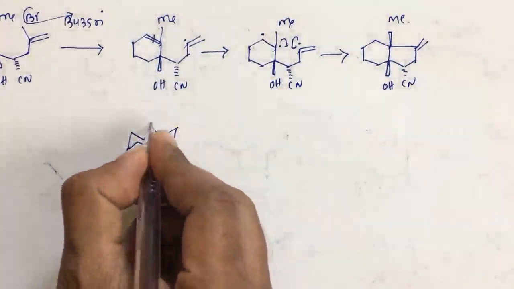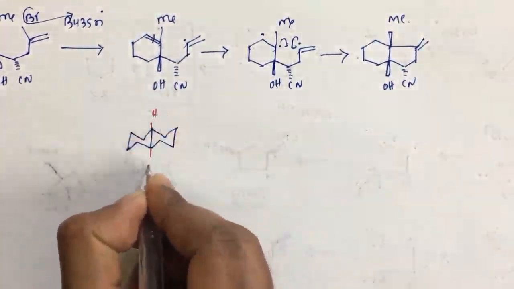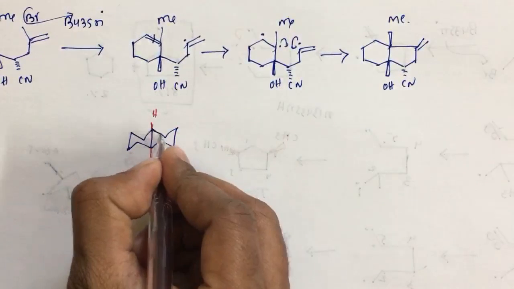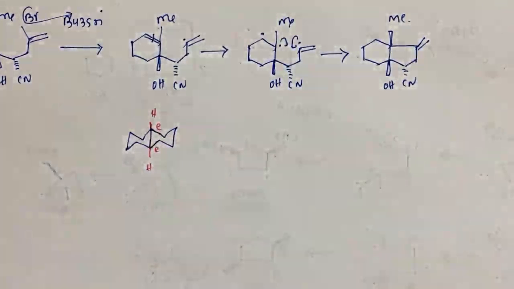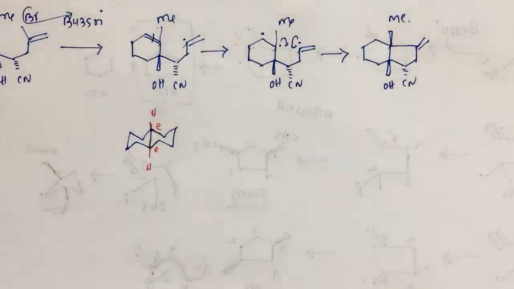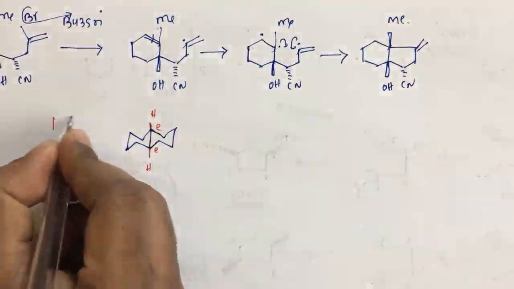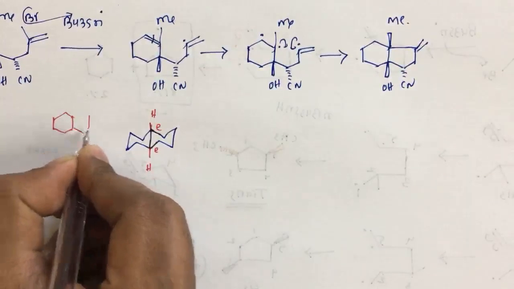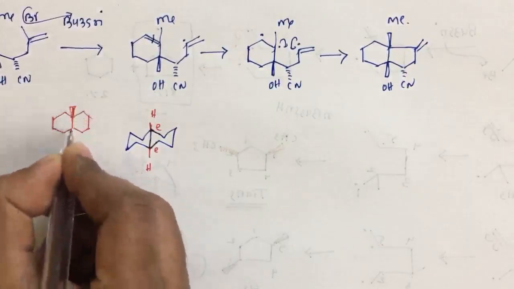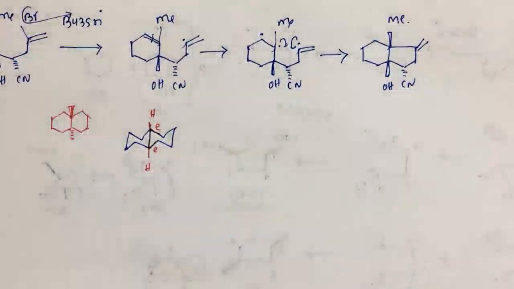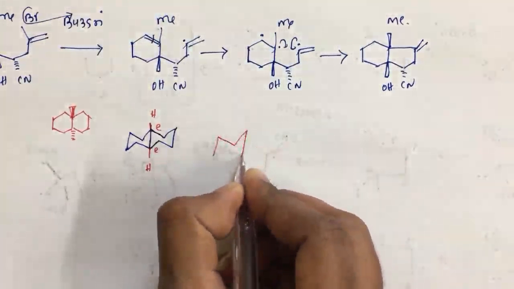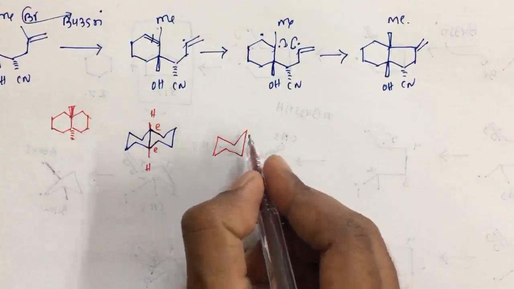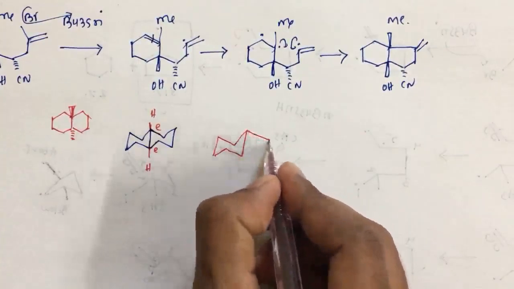We can see hydrogen is here, hydrogen is here, and this is equatorial and this is equatorial, so they both are in the trans position. So when two 6-member rings are fused, in that case we have a trans stereochemistry that is the more stable, whereas when one 5-member ring and one 6-member ring form, that time it forms like this.